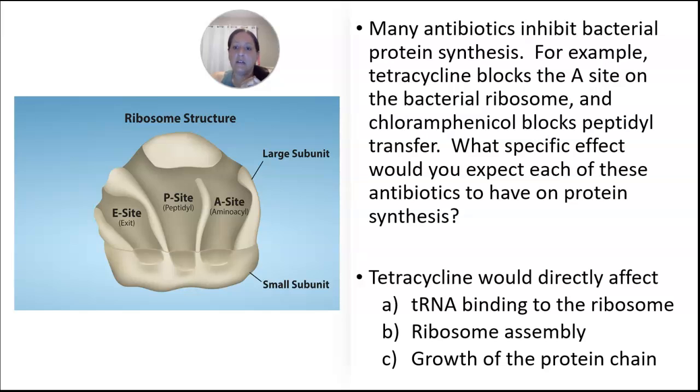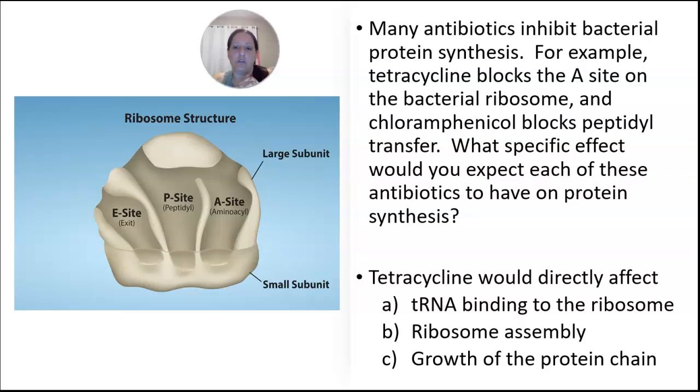There's a second antibiotic called chloramphenicol, and that blocks peptidyl transfer. Okay. What effect would you expect each of these antibiotics to have on protein synthesis? So the first question's on tetracycline, so think about just that one.